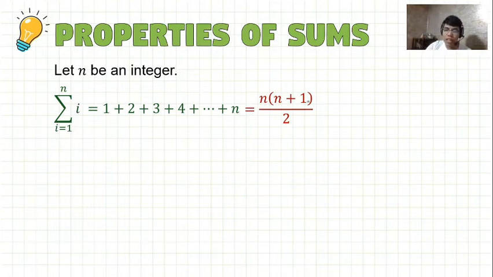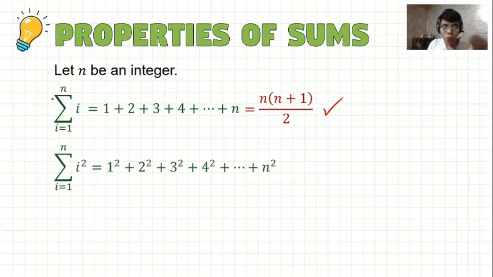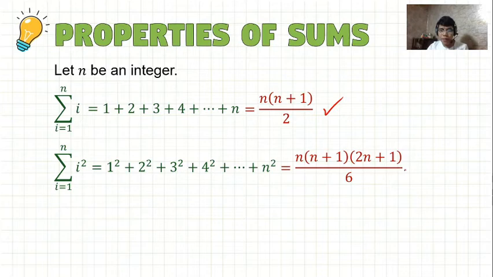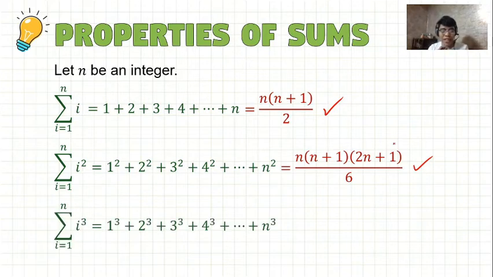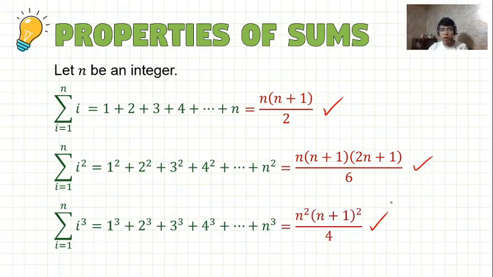So, you will use this if you have the summation of i. Now, for the summation of i squared, this is its expansion, and the formula is this one. Just take note of the formulas. For i cubed, you have this one, and the formula is this. So just take note of these formulas. This will help us solve problems involving sigma notation.